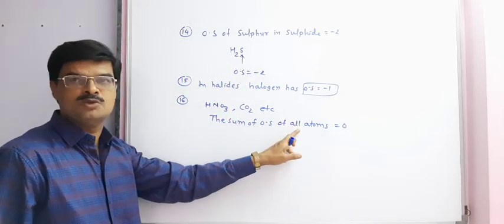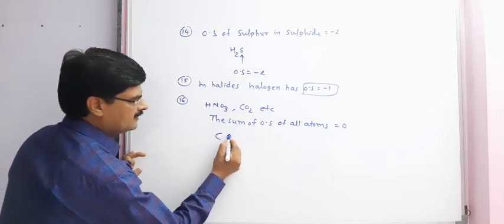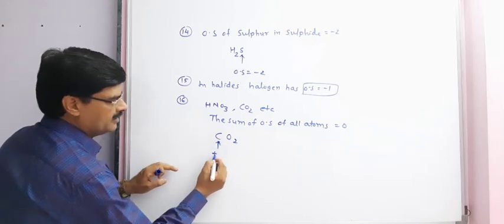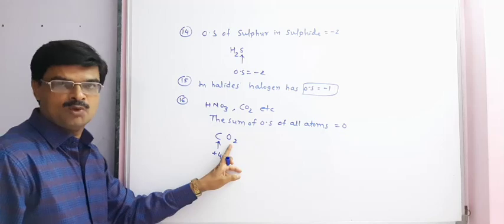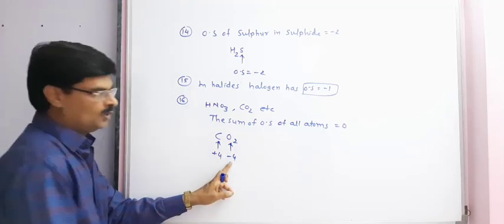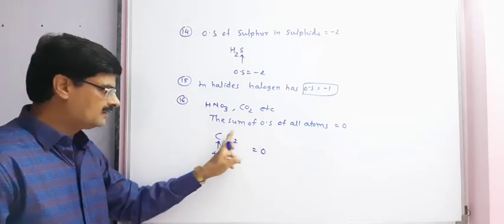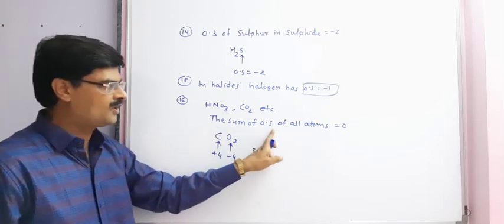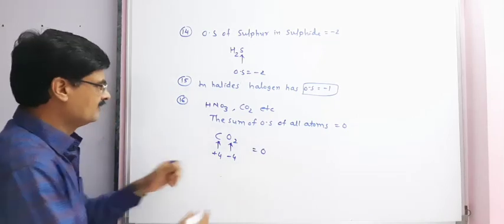This can be understood easily by taking the example of CO2. In CO2, the oxidation state of carbon is +4 and of oxygen -2. We have 2 oxygens, so it is -4. So +4 -4 is equal to 0. In this CO2 we have no charge, so the sum of oxidation states of all atoms is equal to 0.